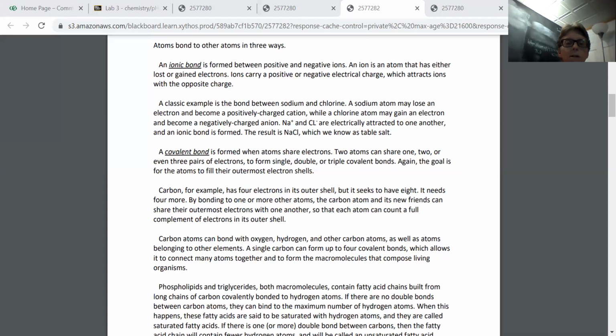So here is a representation of an atom, again with the protons and neutrons in the nucleus, and the little green electrons with their negative charge orbiting in specific shells or orbitals around the nucleus. And those orbitals will contain specific numbers of electrons, which is going to give that atom certain chemical properties.